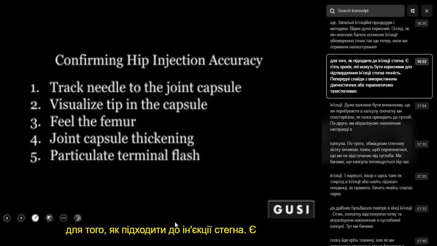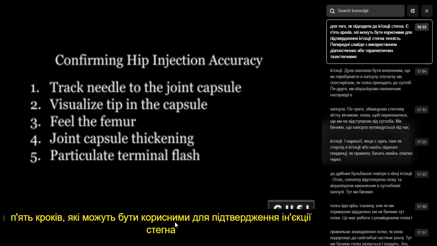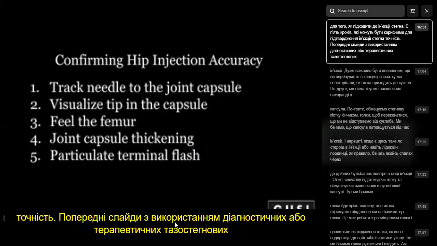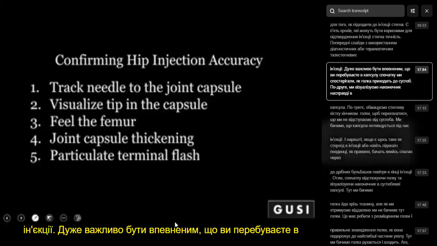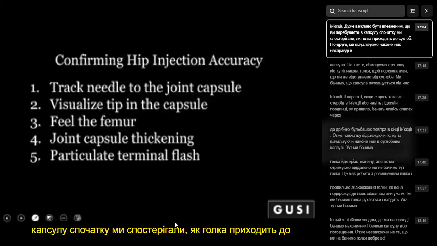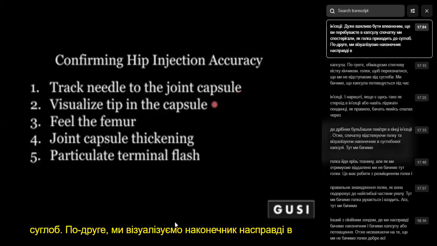So now that we've got the setup for how to approach a hip injection, there are 5 steps that can be useful to confirm hip injection accuracy. As in the previous slides, using diagnostic or therapeutic hip injections, it's critical to be sure that you're in the capsule. First, we watch the needle coming to the joint. Second, we visualize the tip actually in the capsule.